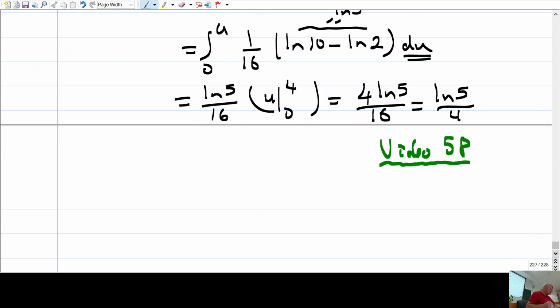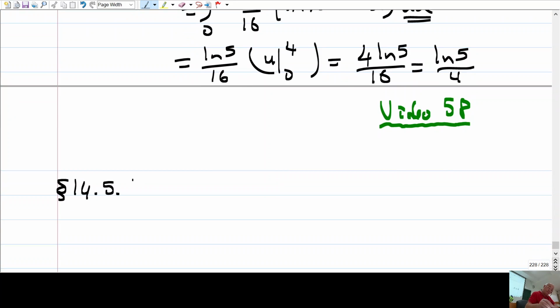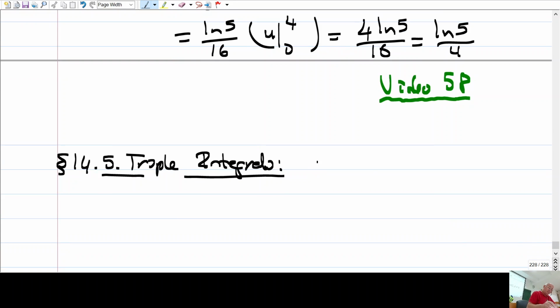Okay, so today we start with triple integrals. Both the theory and practice of triple integrals is very similar to double integrals.